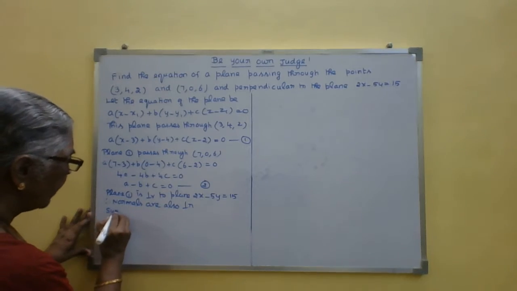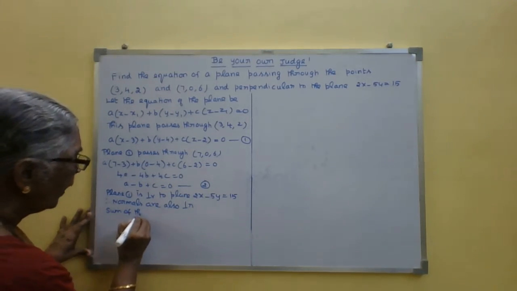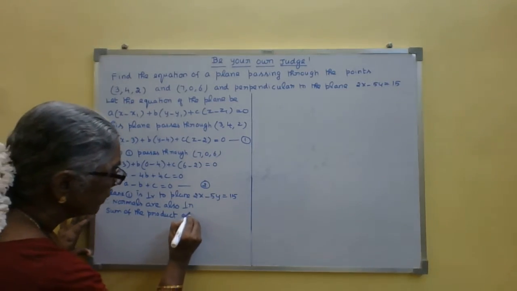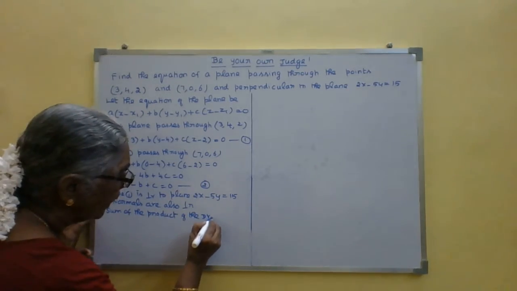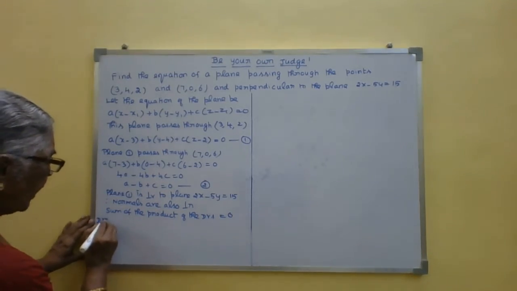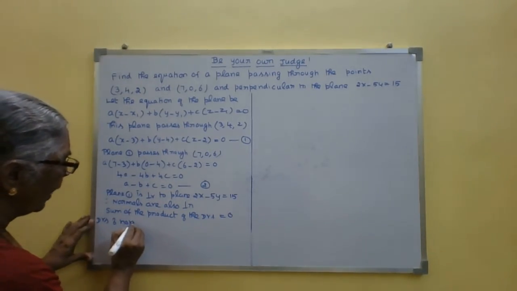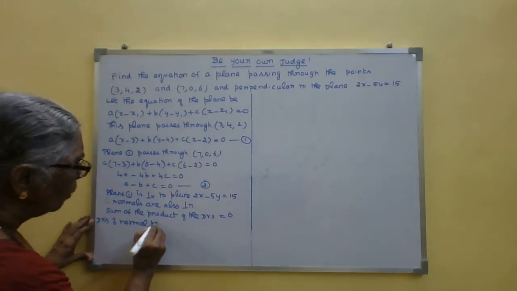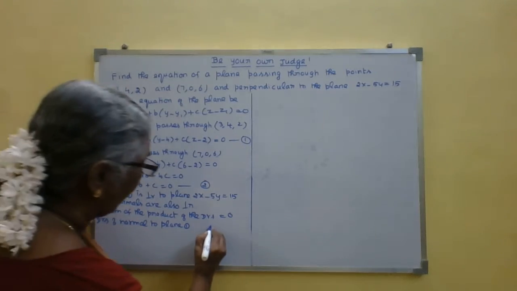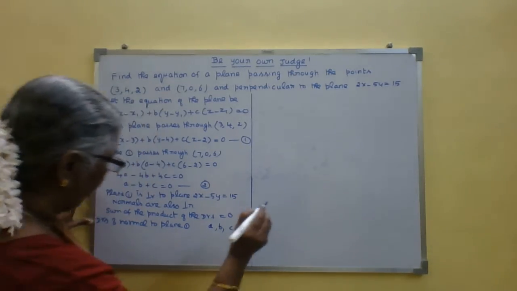So sum of the product of the drs of the normals, right? Drs is equal to 0. So now let us write drs of normal to plane 1. Drs of the normal to plane 1 are a, b, c.